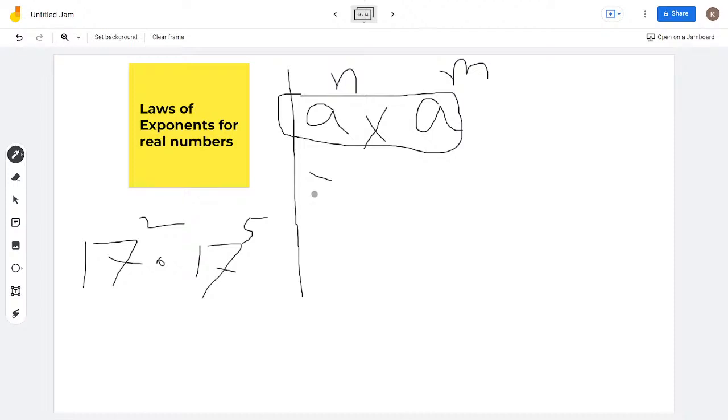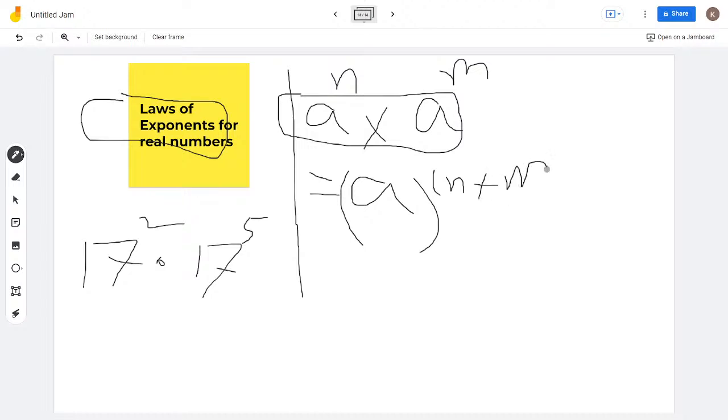So you just follow a simple law of exponents: the same number as it is, to the power n plus m. When the number is the same and you have multiplication, you just add the powers. Okay, this is the first law.